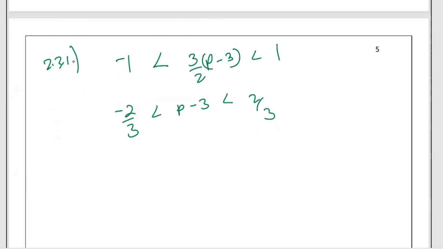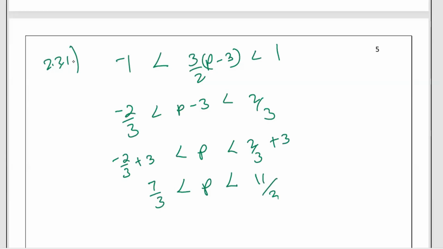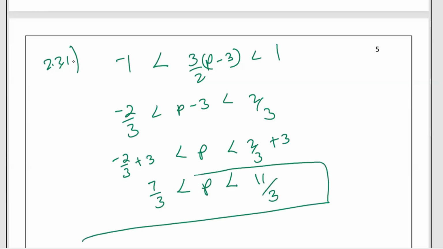You still get the same thing. The -2 over 3 plus 3 is less than p is less than 2 over 3 plus 3. That's 9 minus 2, so I have 7 over 3 is less than p is less than 9 plus 2, 11 over 3. That is what I'm getting with my solutions or values.